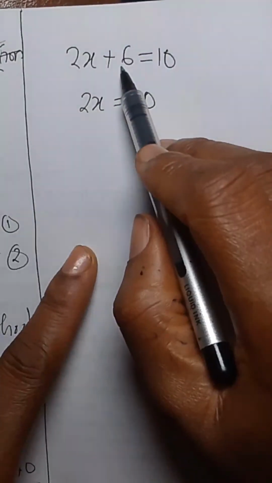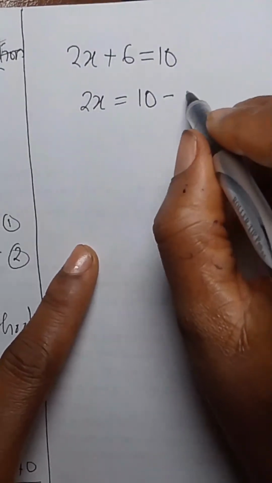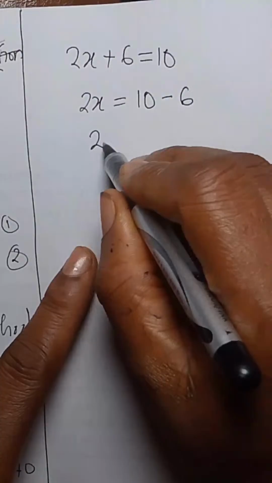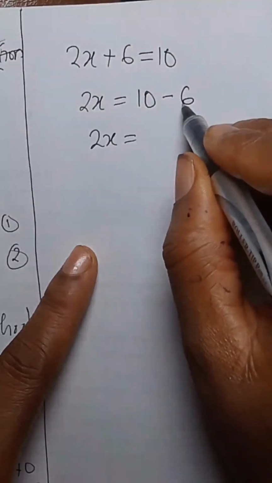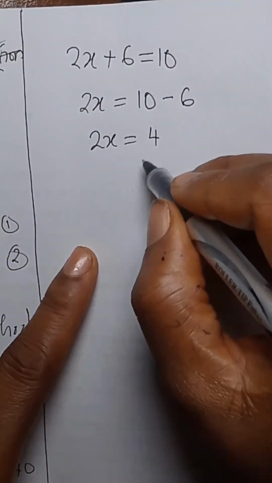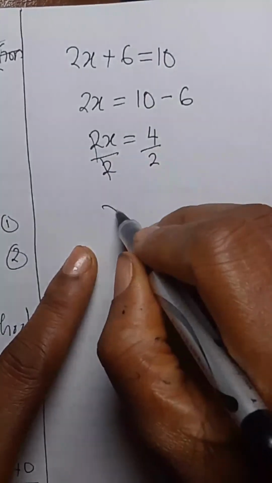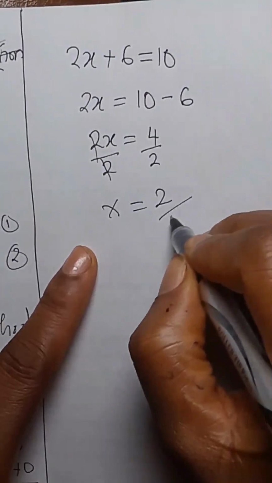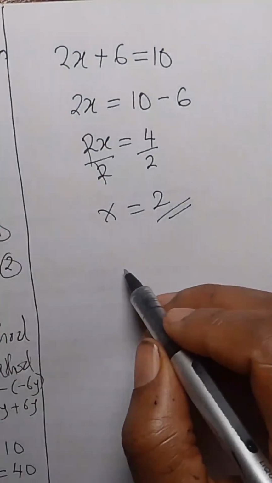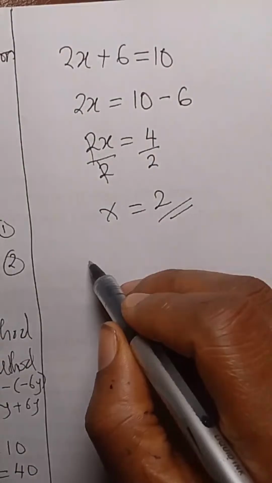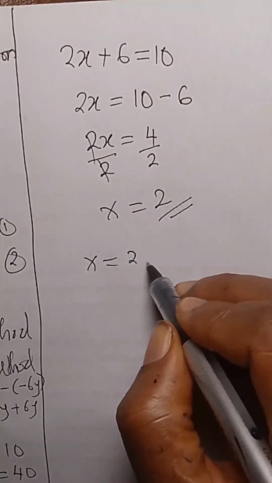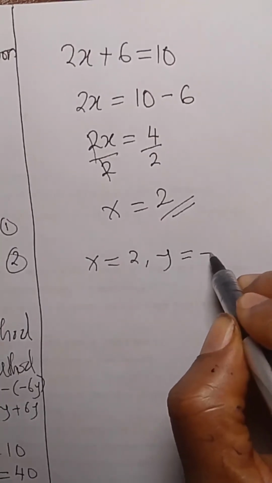When this positive 6 crosses the equality sign, it becomes negative 6. So 2x is equals to 10 minus 6, which is 4. Divide both sides by 2. And we have our x is equals to 2. So the solution to the question we are solving is x equal to 2 and y equals to minus 6.